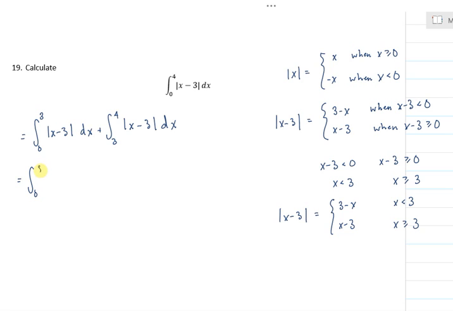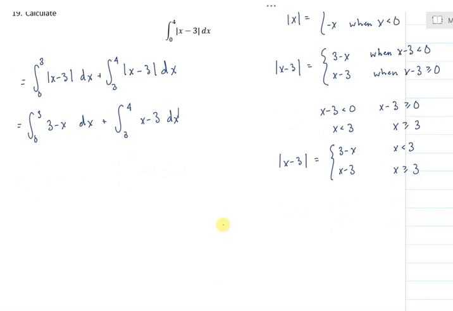So 0 to 3 of 3 minus x dx plus the integral from 3 to 4 of x minus 3 dx. Okay, now we just broke it down to integrals. Everything's good now. So this left one is going to be 3x minus 1/2 x squared, evaluated from 0 to 3. And this one is going to be 1/2 x squared minus 3x, evaluated from 3 to 4.